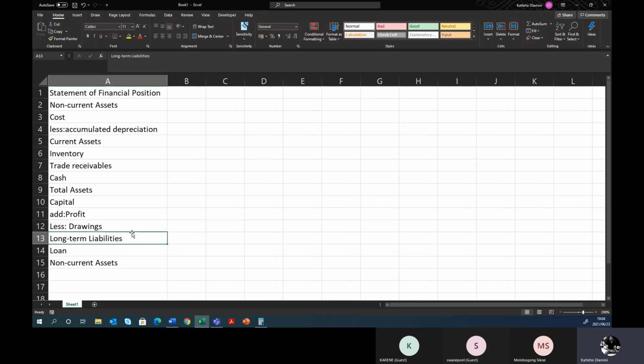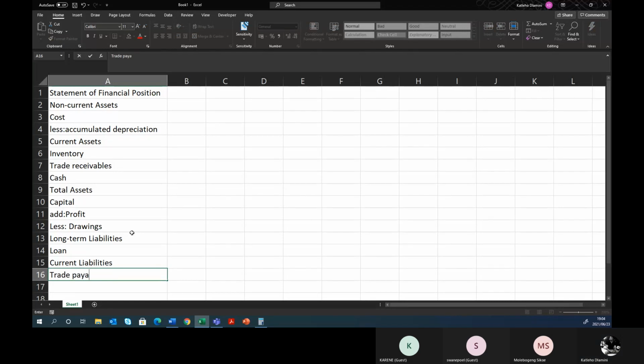So I'll just leave it as long-term. Your current liabilities, which will be your trade payables, your bank overdraft, your short-term loan, and bills. Then you'll have your total equity and liabilities. Okay.